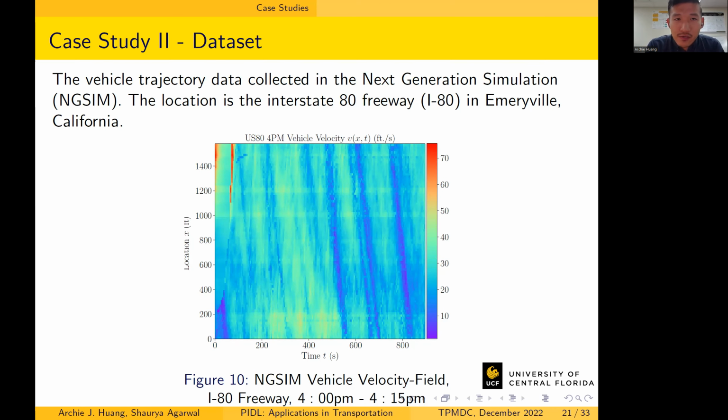The second case study utilized the trajectory data collected in the NGSIM program.